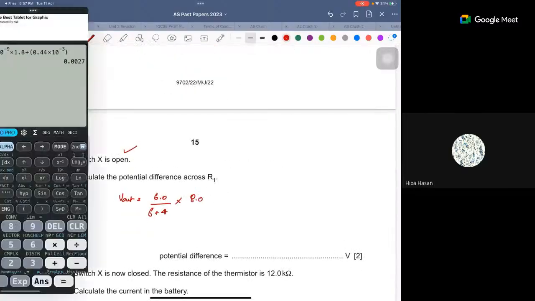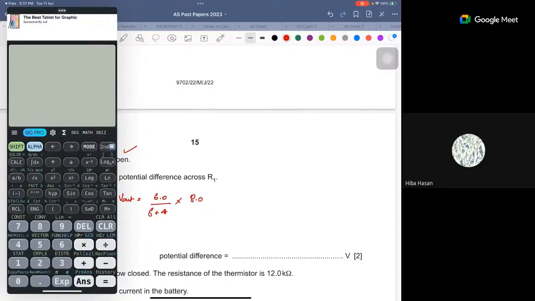So this is how you do it. No need to convert to kilo, because it's a ratio, so it will cancel out.